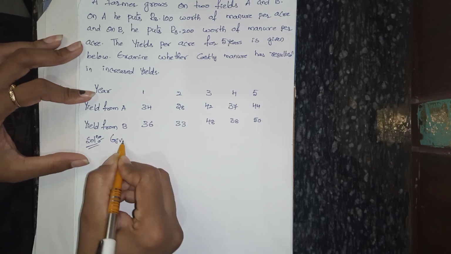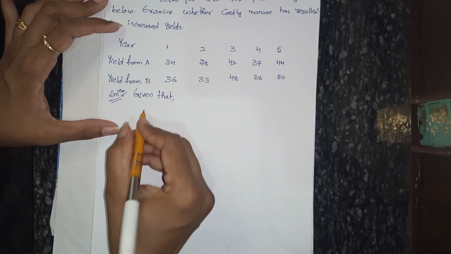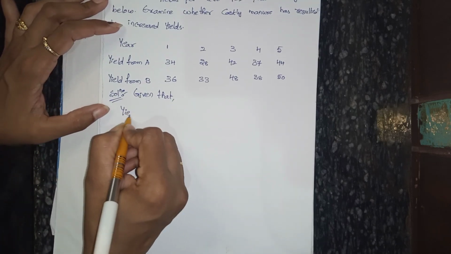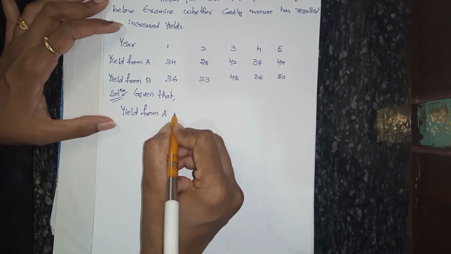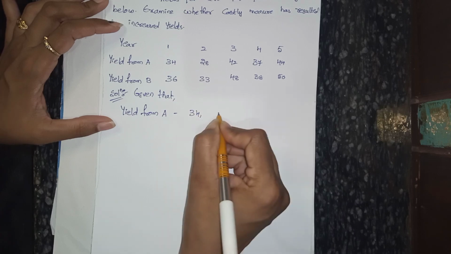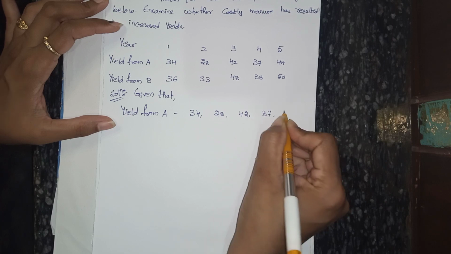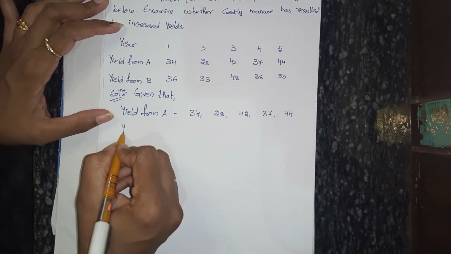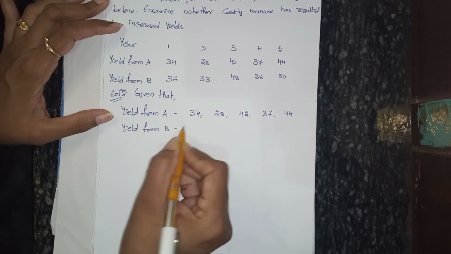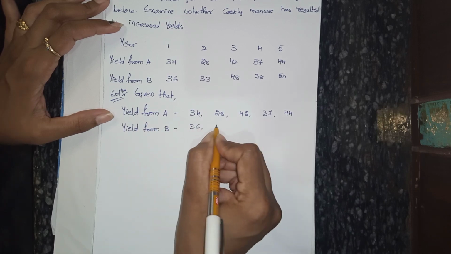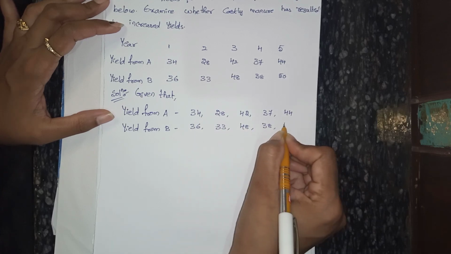Given that, yield from A: 34, 28, 42, 37, 44. Yield from B: 36, 33, 48, 38, 50.